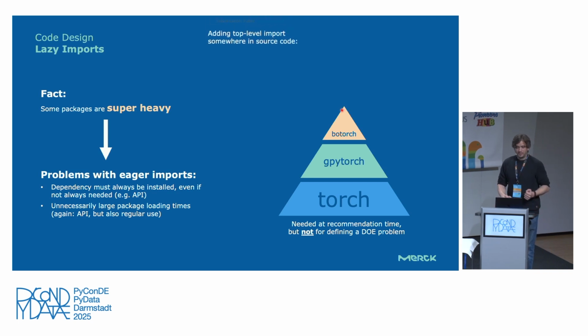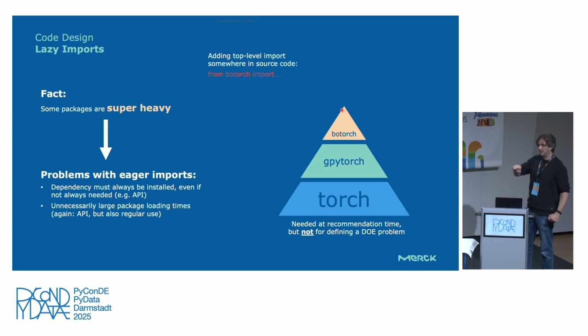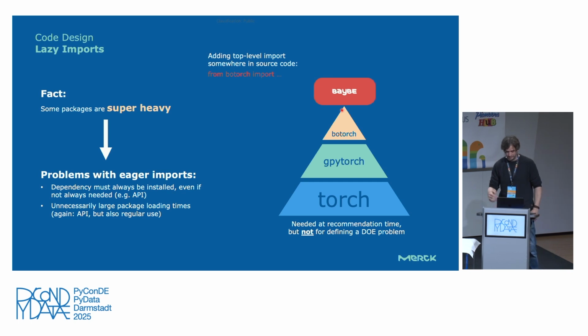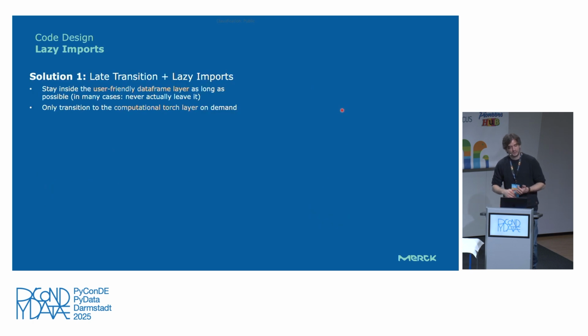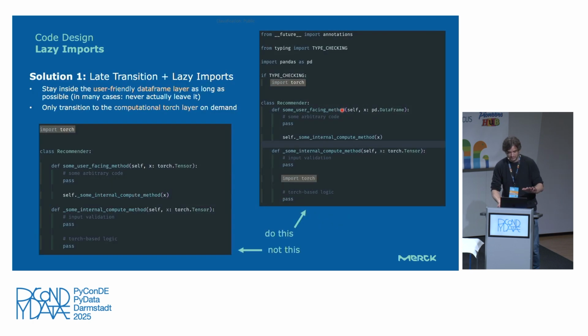And the problem is now, if you base your BayBE code on these dependencies, BayBE itself would be put on top of this pyramid. So BayBE would also have this heavy footprint. One way to get around this is to use lazy imports. I'm just going to show you one example of how you can solve this problem, and then I'll hand over to Alex.